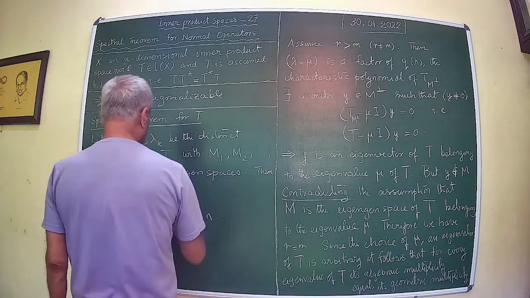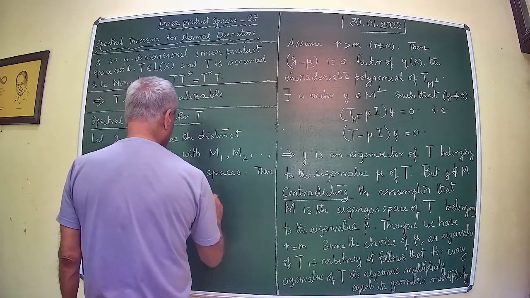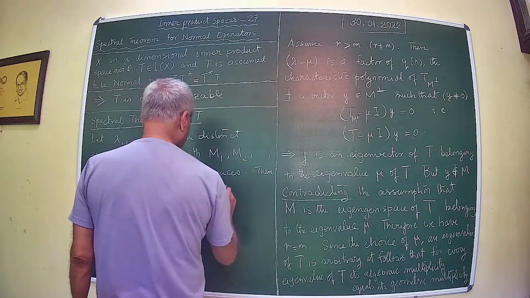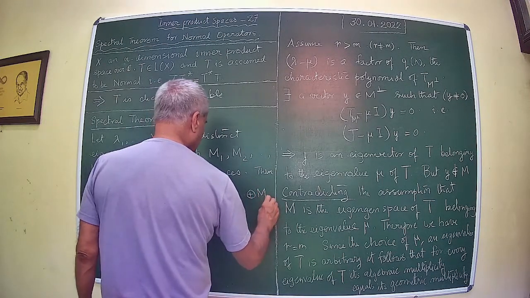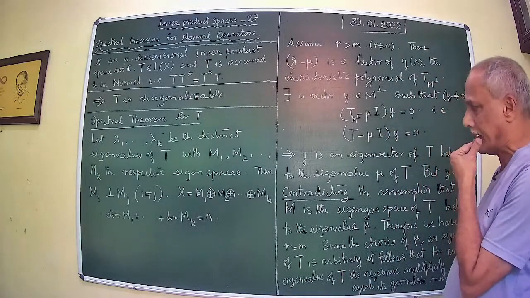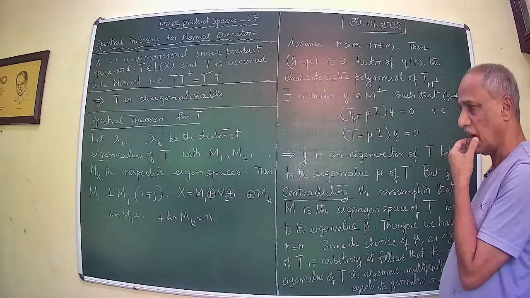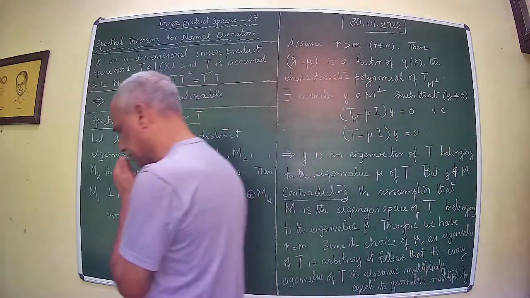Further, you have X equal to the sum of the Mi's, and this dimension is equal to n. Okay, and they are independent also. These spaces are all independent.